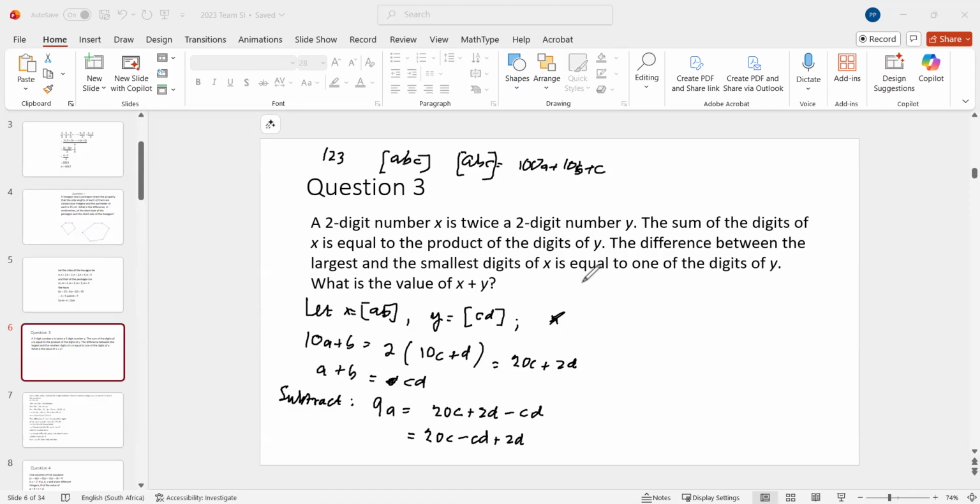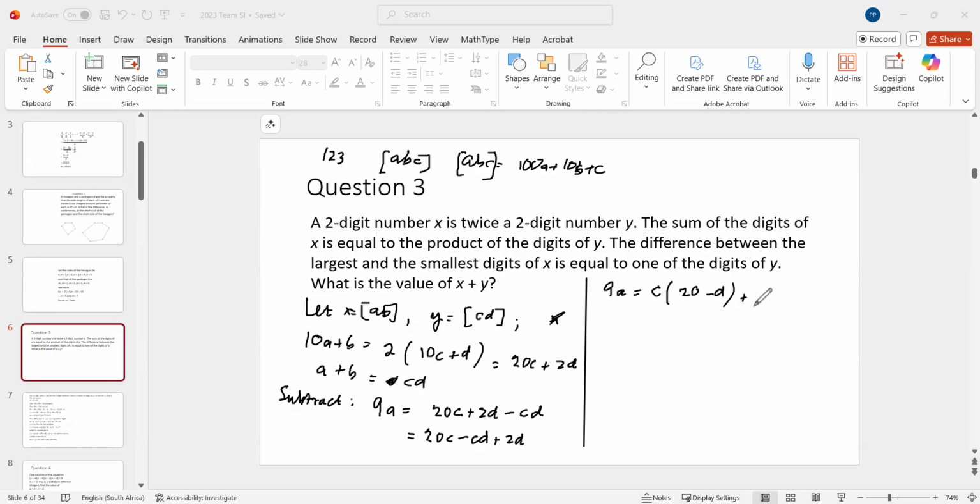All right, let me just create some space here to do some work. When you write it like that, you group the C's together. You get 9A, and take out C as a common factor: C into 20 minus D, plus 2D.